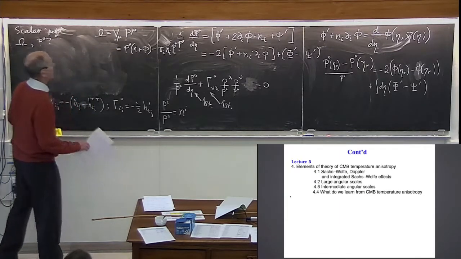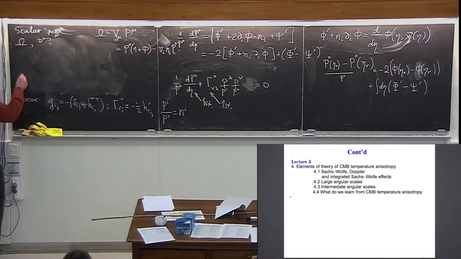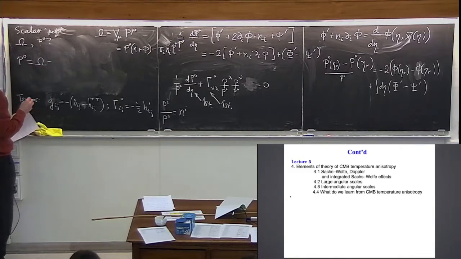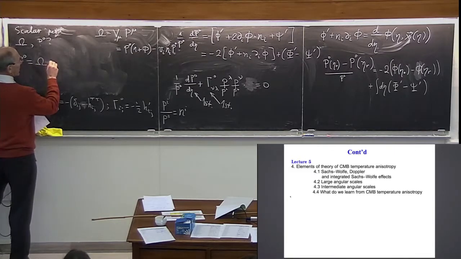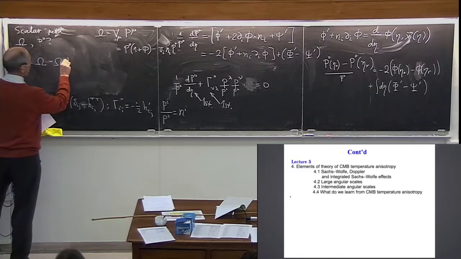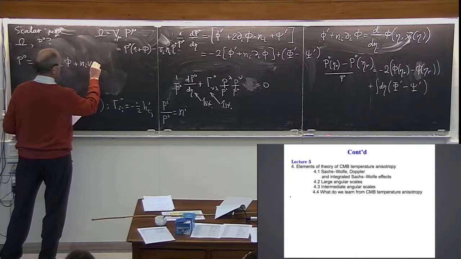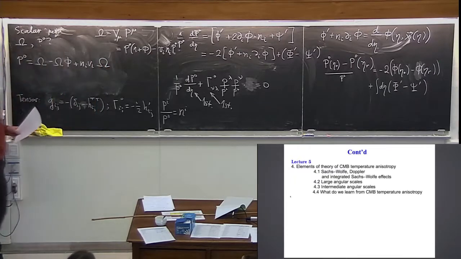All right. So from that, I find that P naught is, of course, omega minus omega times phi plus n i v i omega. Okay, to the leading order again, I mean, to the first order in perturbations. Okay, good.